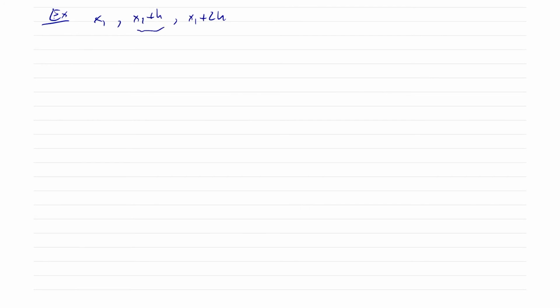And so this is x2 and this is x3. So again, we're using 3 points, and so we're going to have P2 of x, which is going to be a0 plus a1 times (x - x1) plus a2 times (x - x1)(x - x2).